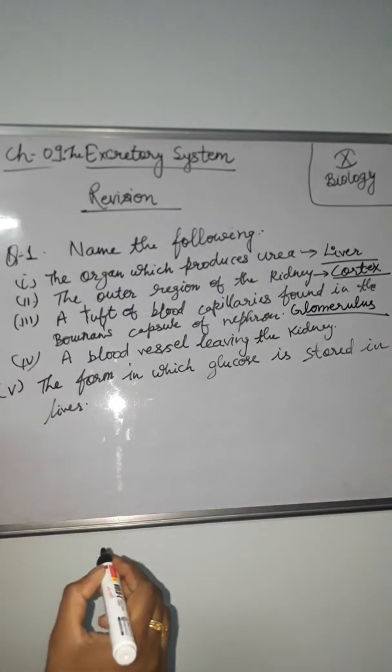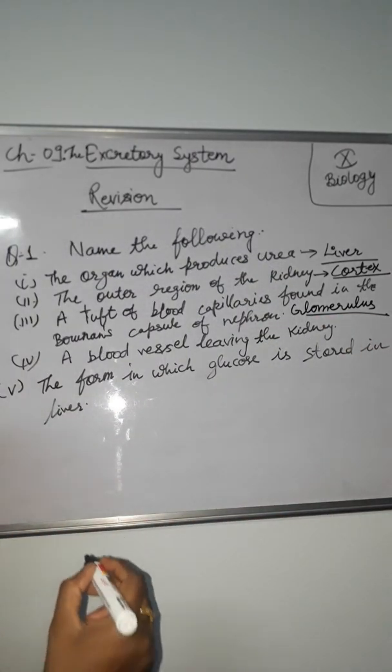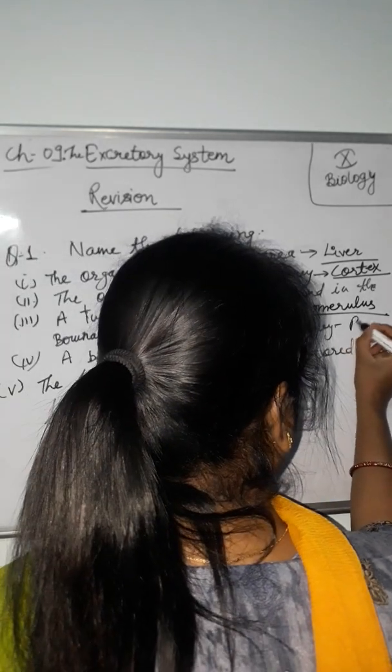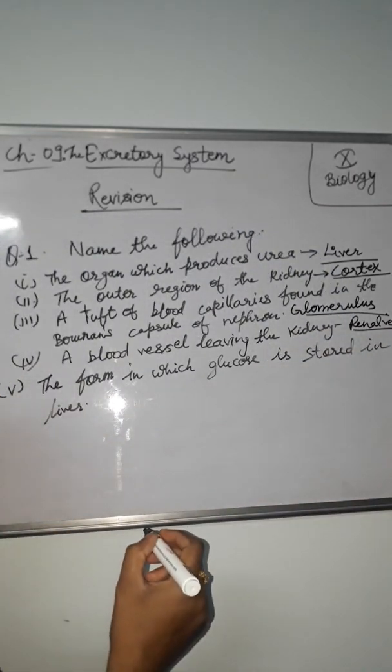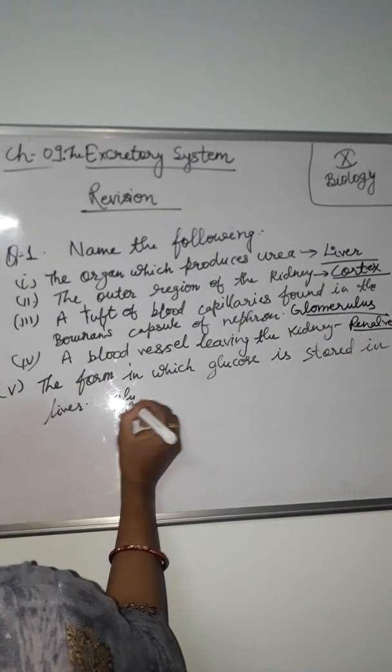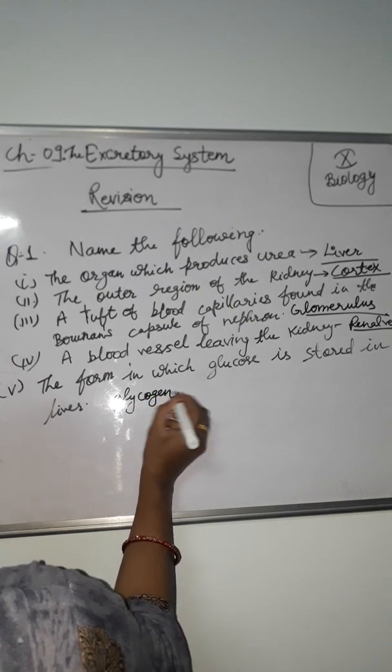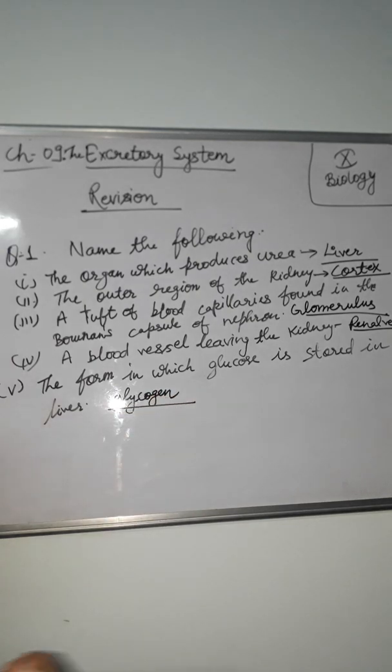A blood vessel leaving the kidney, that is renal vein. The form in which glucose is stored in liver, that is glycogen. Okay.